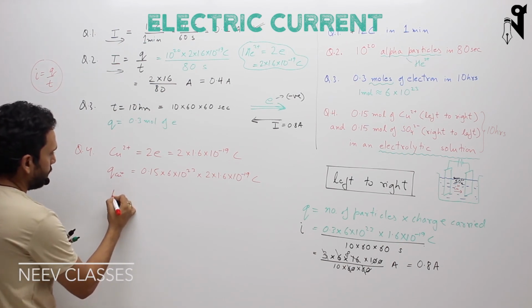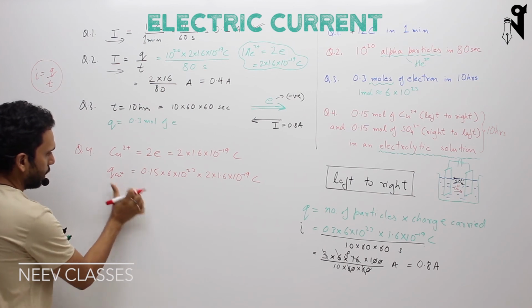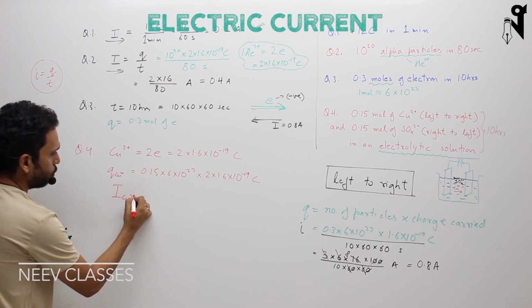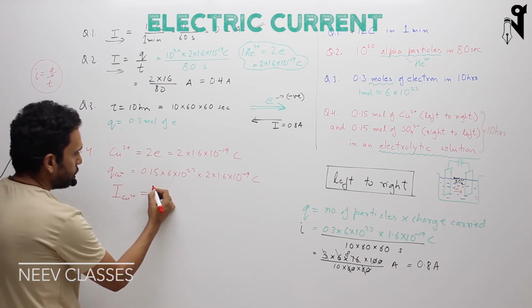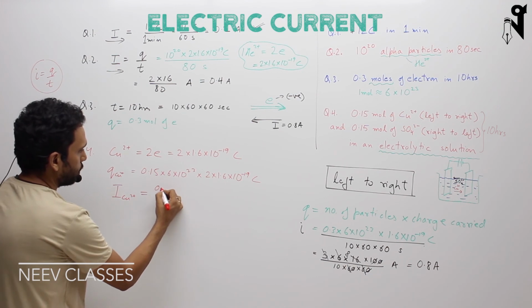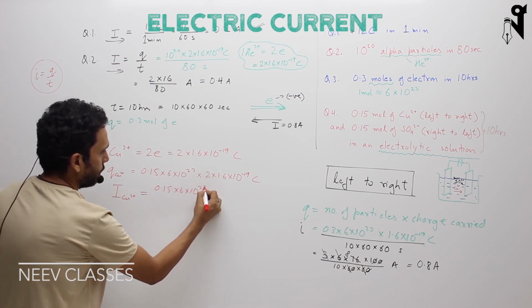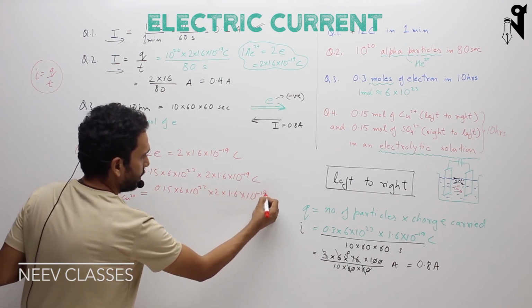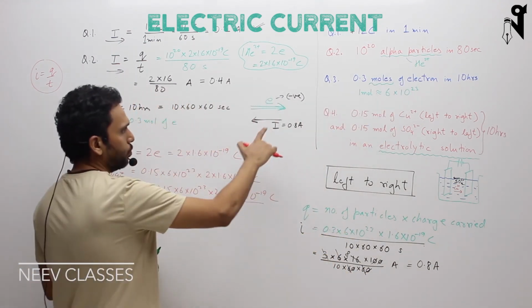So your current due to copper, I'll write a capital I because I have been using capital I all this while. Capital I of copper 2 plus, the current due to copper 2 plus, is equal to the charge of copper 2 plus, which is 0.15 into 6 into 10 power 23 into 2 into 1.6 into 10 power minus 19 coulombs, in 10 hours.